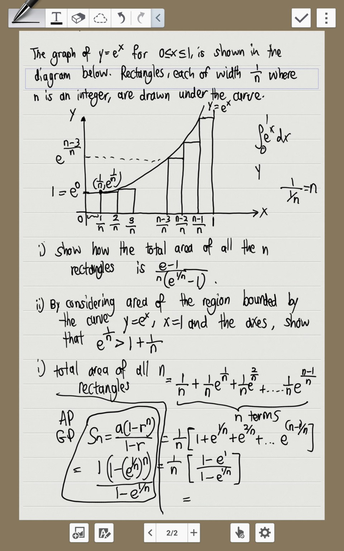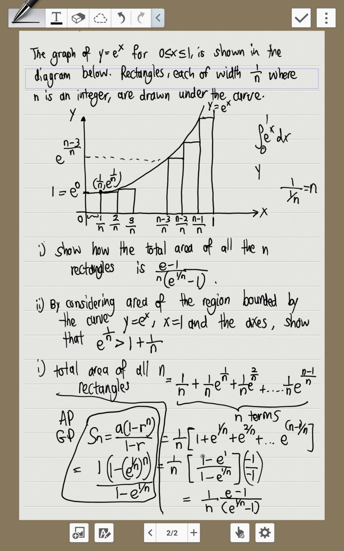Now you see that what they want us to show is the reverse. So I just need to multiply a negative on top and below, so multiply minus 1 over minus 1. This term is just 1, so I'm not changing anything. So this will give me 1 over n, and the bottom becomes e to the power 1 over n minus 1, and the top will become e minus 1, since e to the power 1 is just e.